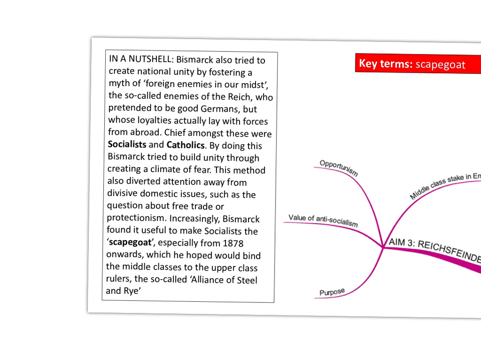So, remember what I said a few minutes ago when I talked about Germans who were socialists, whose political ideas were on the left wing of politics, and socialists were international in their outlook. They actually didn't believe in nationalism. They didn't believe that you should identify with your nation, because by identifying with your nation, it closes you off to the fact you've got fellow people in other nations who are similar to you, and in particular the working classes.